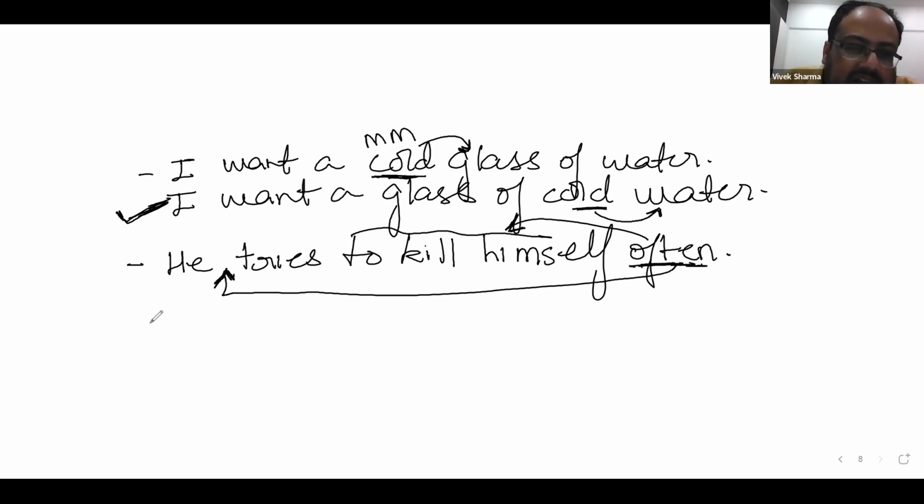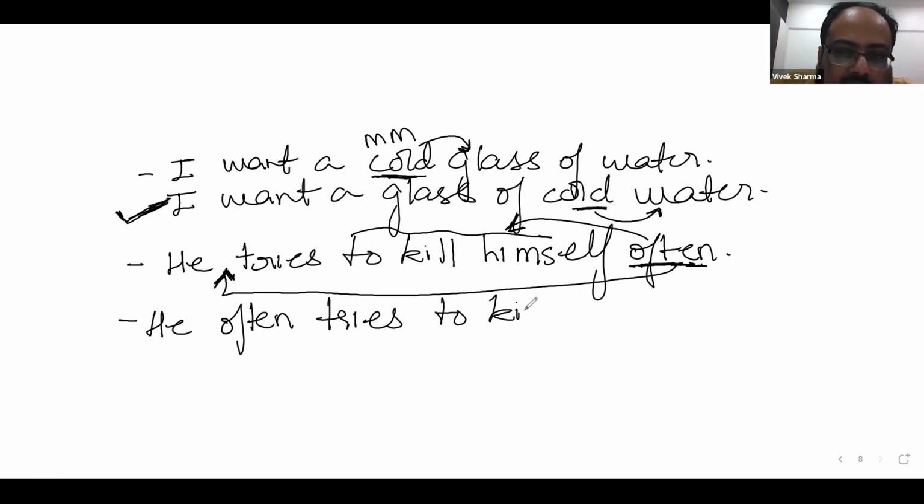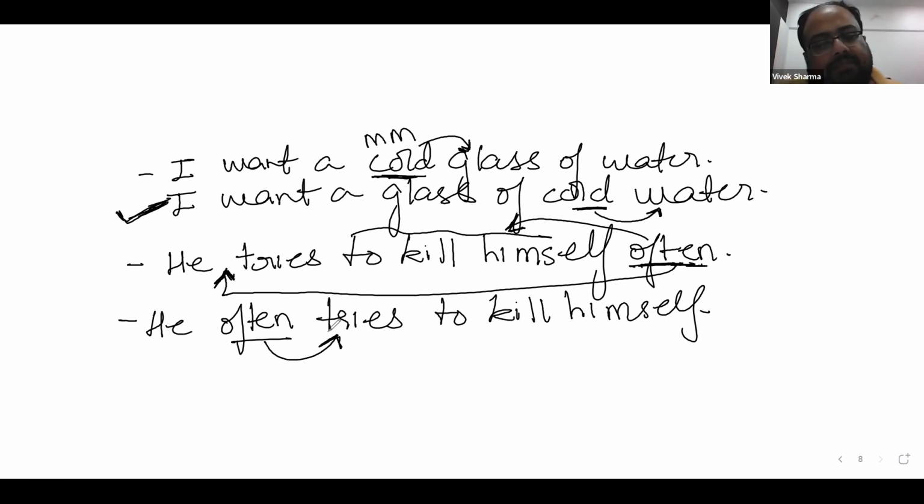So logically, the sentence should be, he often tries to kill himself, because the term often should go with tries. In the first sentence, we had an error of a misplaced modifier. The placement was wrong, and the meaning it gave the sentence made no sense. So this is the concept of a misplaced modifier.